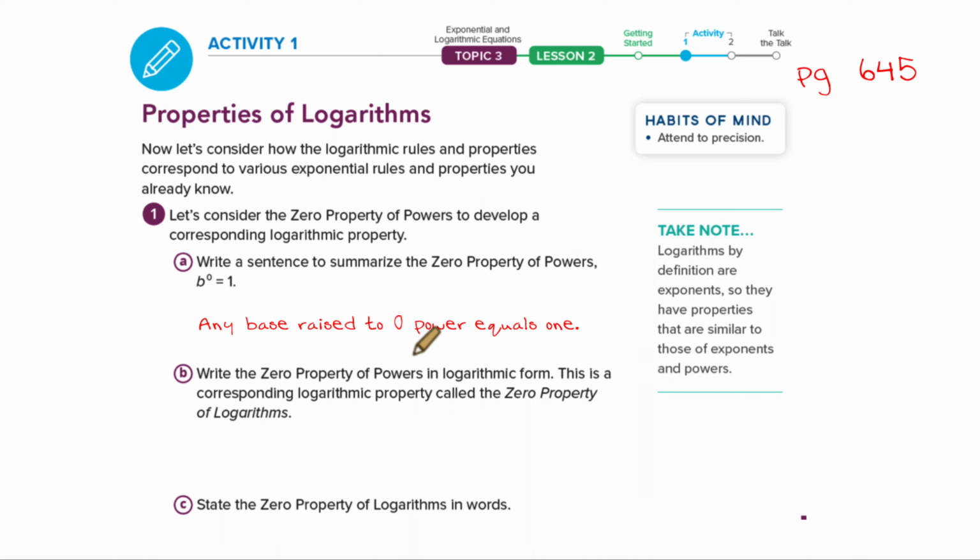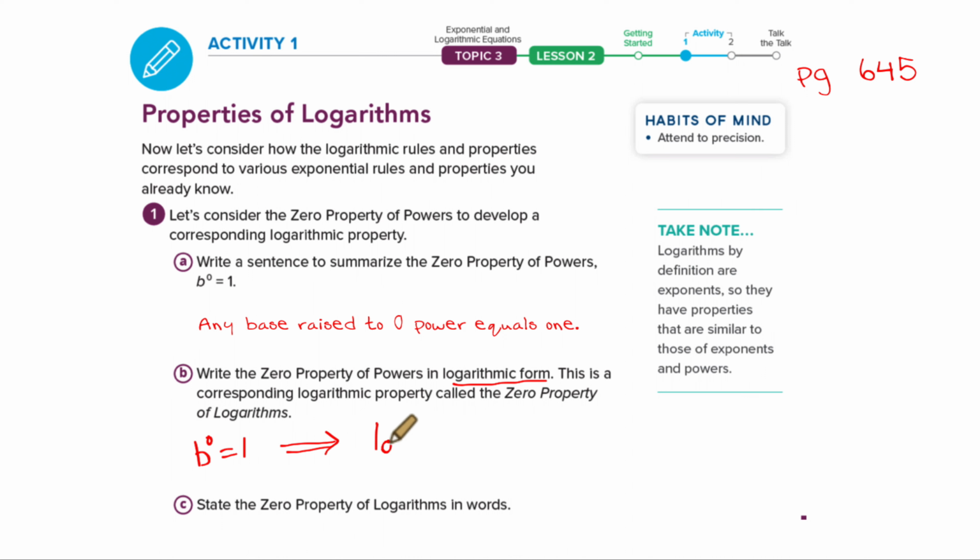Now, it wants you to write it in logarithmic form. So whenever they ask me to do that, I've got to write it out in exponential form first. They did it right here for us, but I'm going to rewrite it. The 0 property of powers means that the base to the 0 power equals 1. That's always true. So if I wanted to write this in logarithmic form, which we just had a test on, didn't we? We just did. The base is b.